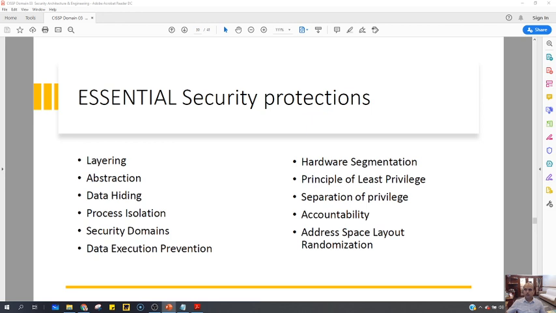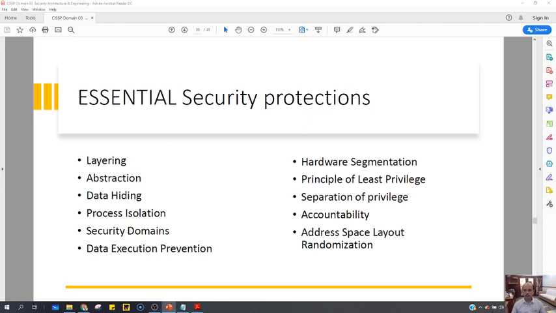Okay. So when we are talking about security architecture, as we also discussed yesterday, we need to implement these security principles somewhere, and while implementing them, these are some of the security protection mechanisms we have by using those principles.